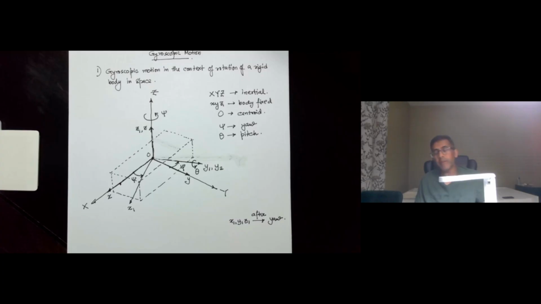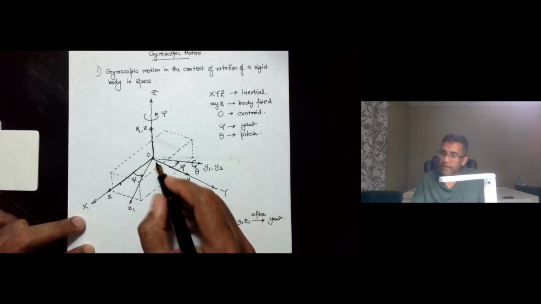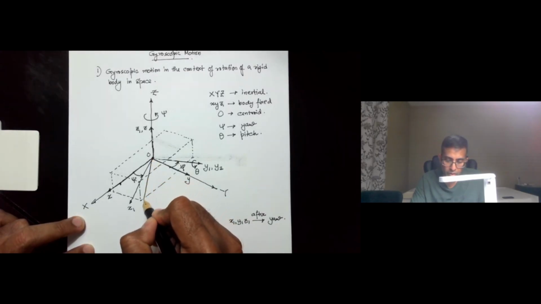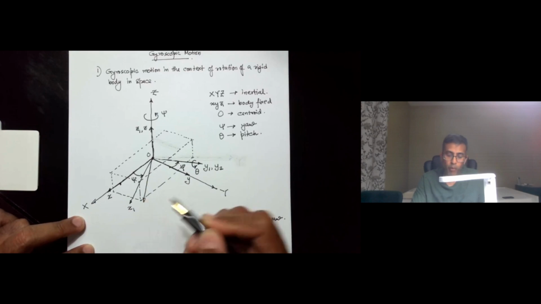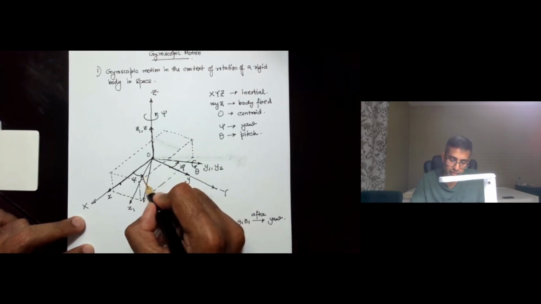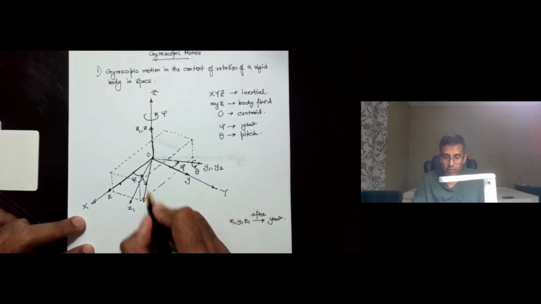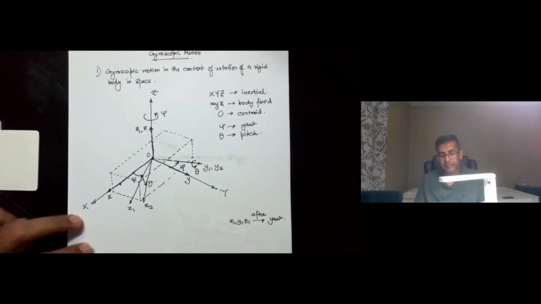So y2 is going to remain in the same direction. But what's going to happen is x1 will now start pointing downwards, and that angle by which it moves downwards, and we'll call that x2, is theta. Okay.